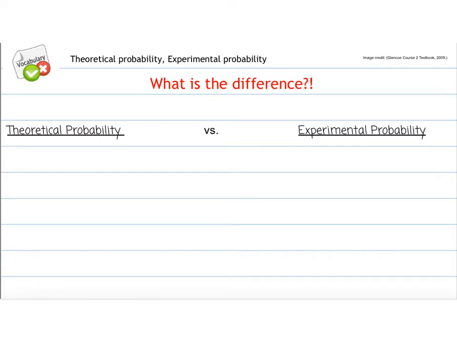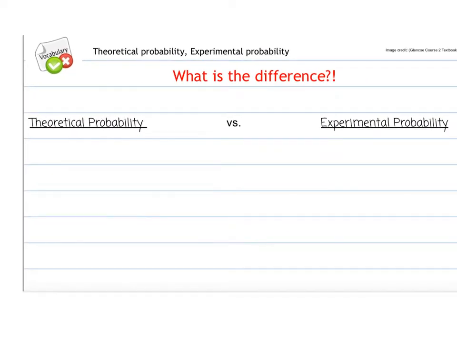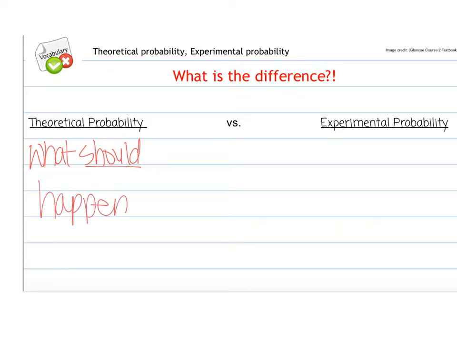So theoretical and experimental probability, what is the difference? Well, theoretical probability is what should happen. So these are two words that you are going to want to write down: theoretical probability and experimental probability.